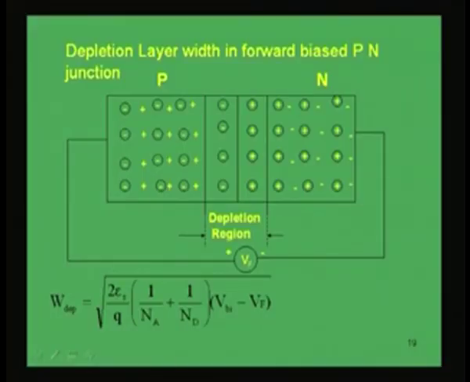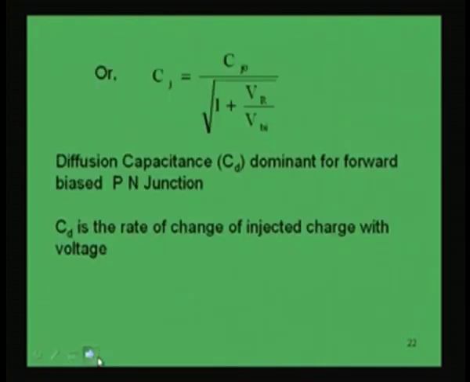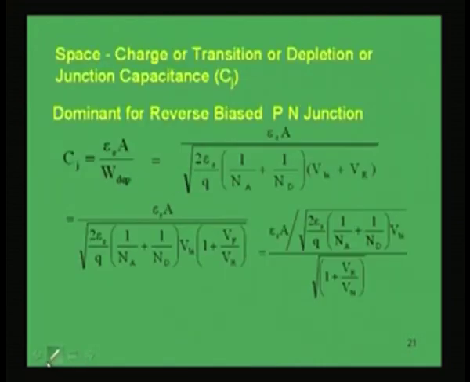That means it is like charging and discharging taking place across a capacitor. So, we can visualize it as a parallel plate capacitor, as if these are two plates and the width between the two plates is W depletion, with silicon in between. So it is like a parallel plate capacitor, where C is given by epsilon S A by W depletion.